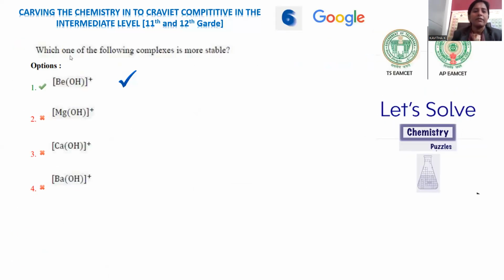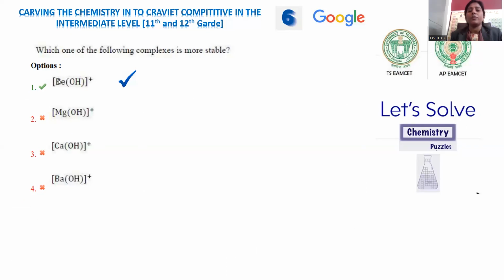Question number 6, which of the following complexes is more stable? This question is given from coordination chemistry only, and these are metals related to coordination compounds of d block elements, and these are the complexes formed by second main group elements, all given as monohydroxides.